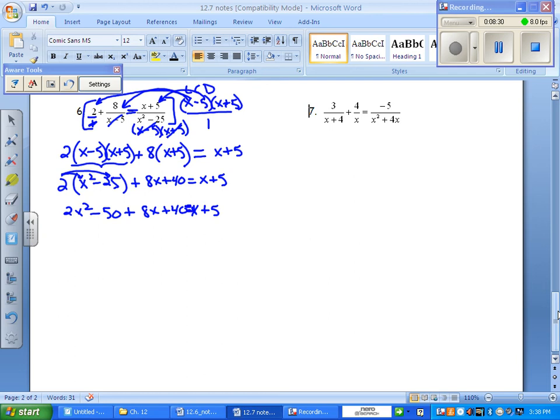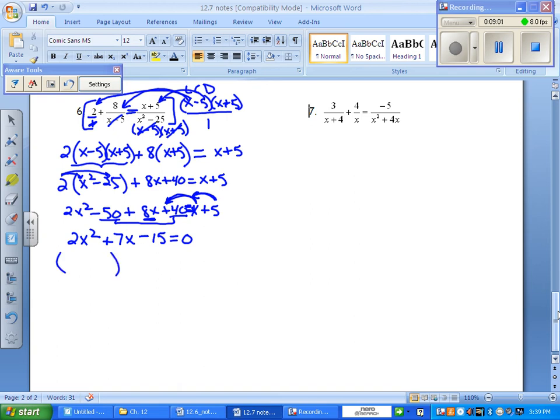There's an equal sign in here. Moving things to the other side, I'm going to have a 2x squared, this 8x, and you're going to subtract the x, so you're going to have a positive 7x. You have a negative 50 but a positive 40, so that combines to a negative 10. And then that negative 10, you have to bring the 5 over. So negative 10 with a negative 5 is a negative 15.